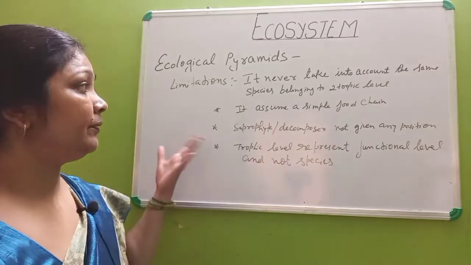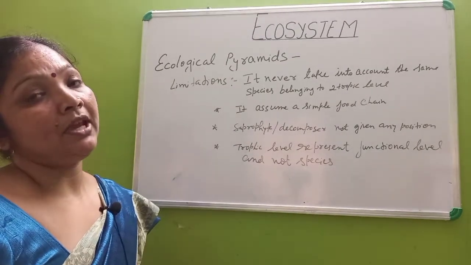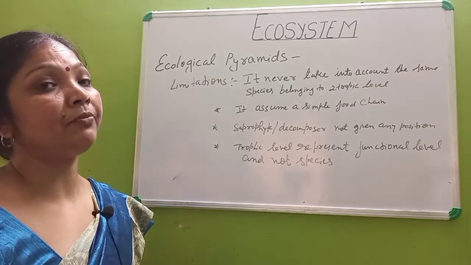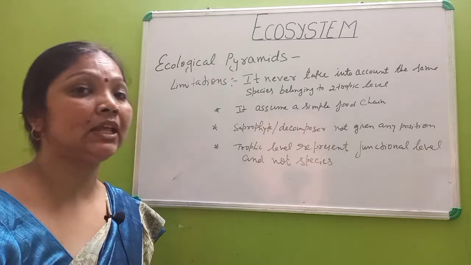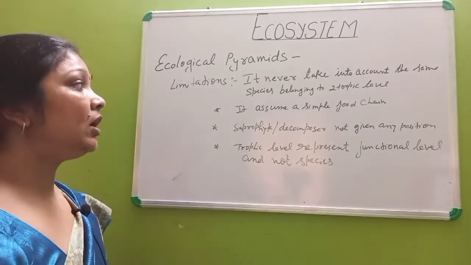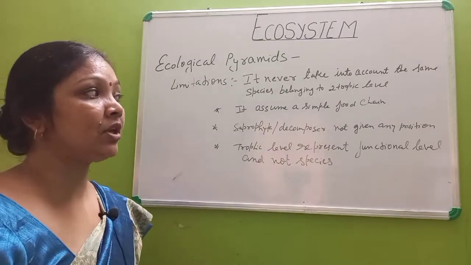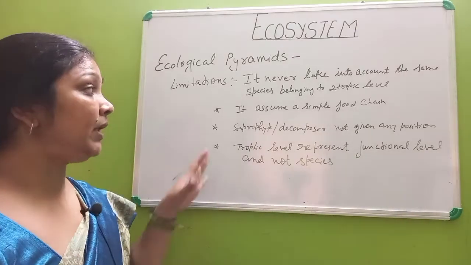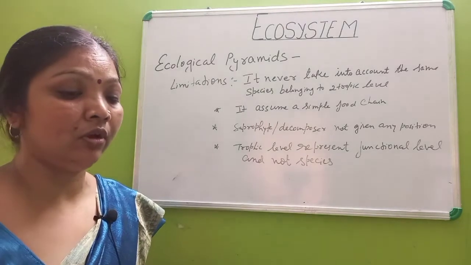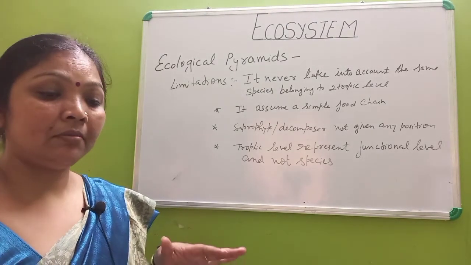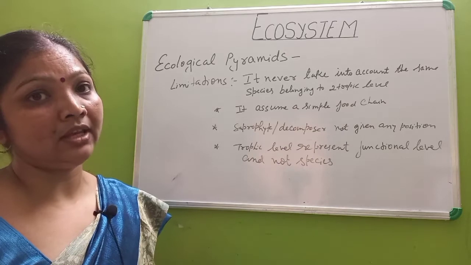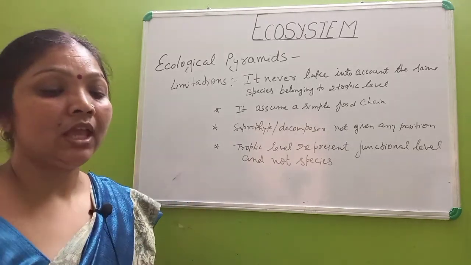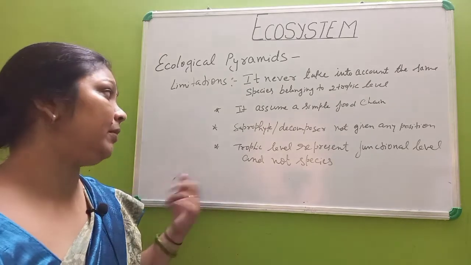The second thing, the pyramid is based on a simple food chain, and we all know that a simple food chain does not exist in nature. The third one is that saprophytes and decomposers are not given any position, though they play a very important role in the mineral cycle, but they do not have any place in the ecological pyramid.